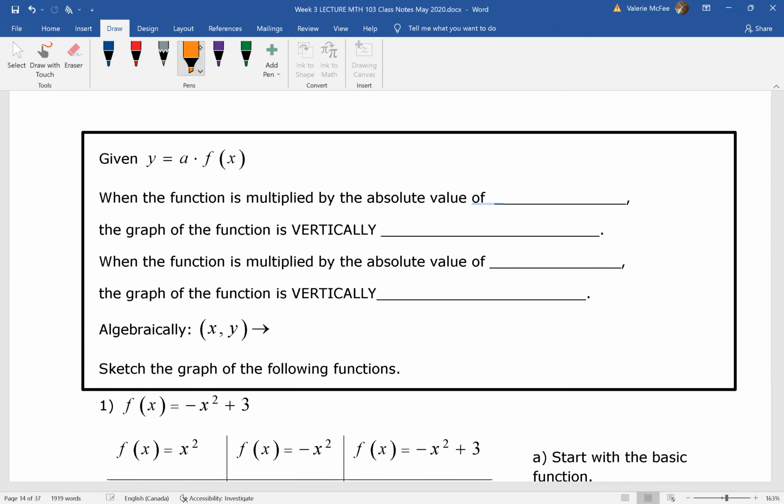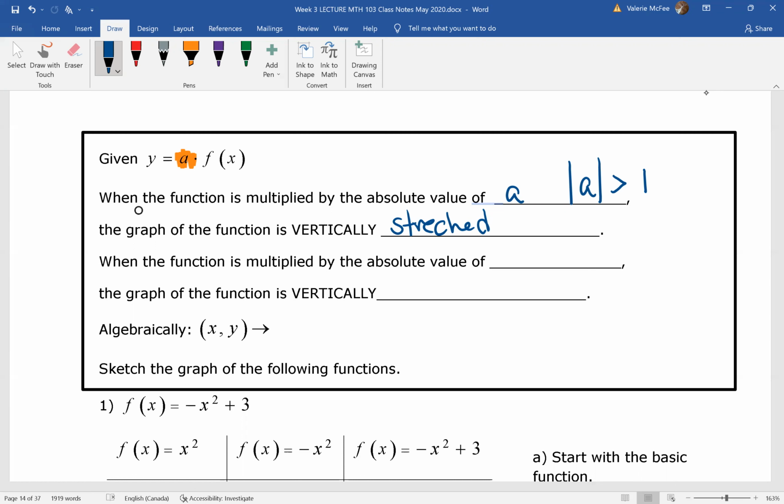So when we have our function with some factor multiplying the function from the outside, we're not multiplying inside on x, we're multiplying outside the function. When the function is multiplied by the absolute value of a, so we're looking at the positive value of a, we will say that the graph is vertically stretched if the absolute value of a is greater than 1.